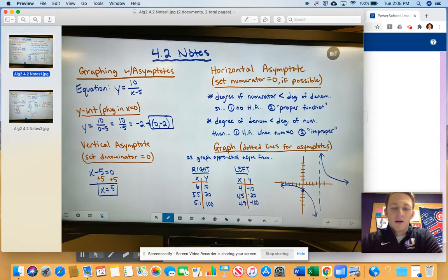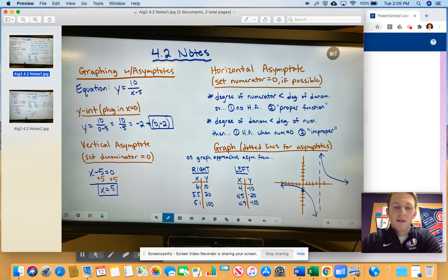So we have this vertical asymptote, and we're going to find some points. As we approach that vertical asymptote from the right, so we're starting on the right side and going towards it on the graph, we're going to choose x values that get increasingly closer to 5. I just chose 6, 5.5, and 5.1 for some points to plot.